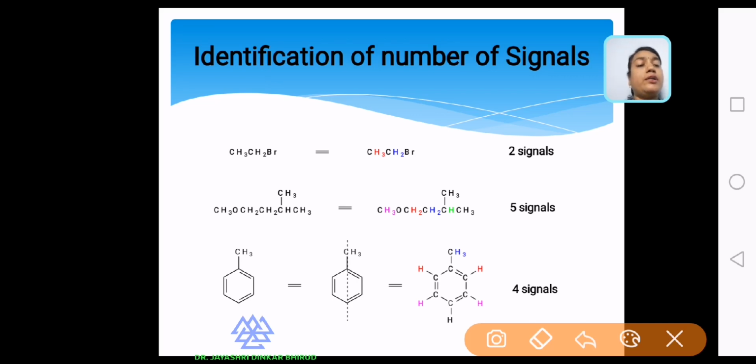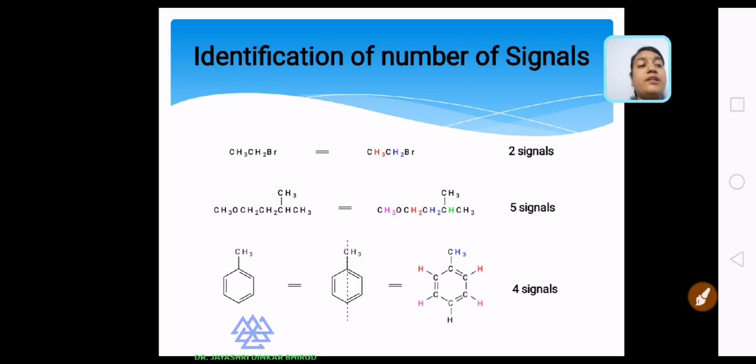See here, two CH2 groups are also present in this compound, but one CH2 group is attached to the OCH2 and one CH2 group is attached to the CH group. Therefore, both CH2 groups are in different chemical environments. Therefore, this gives different signals.